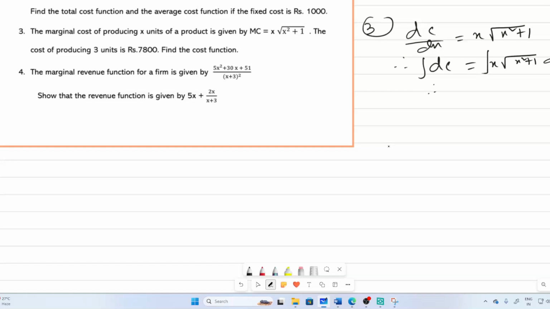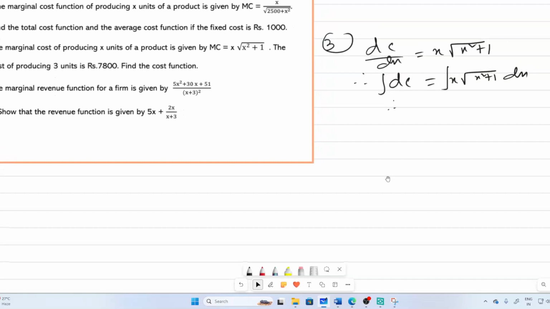Now for this integration you need to make a substitution here. x square plus 1 you take, this is equal to z square or z as you like, x dx equal to z dz. So c or c(x), if you write c(x), it will be justified because it is a function of x. This is going to be x dx is z dz, z into z dz plus k.